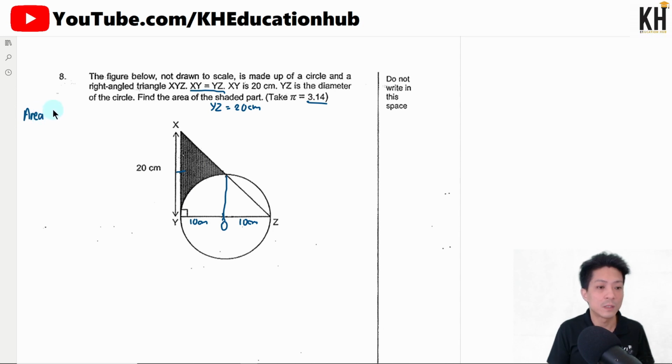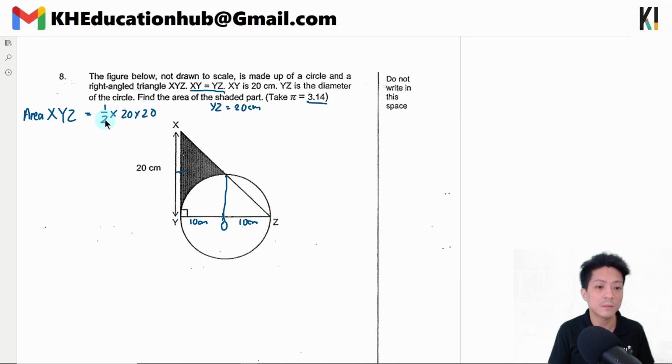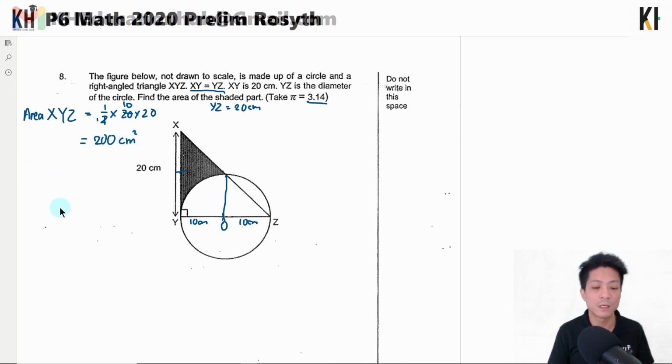So I'm going to write down area XYZ first. It is equal to half times 20 times 20. Do your reducing, you're going to get 200 square cm. Next, I'm going to find the area of the small triangle.